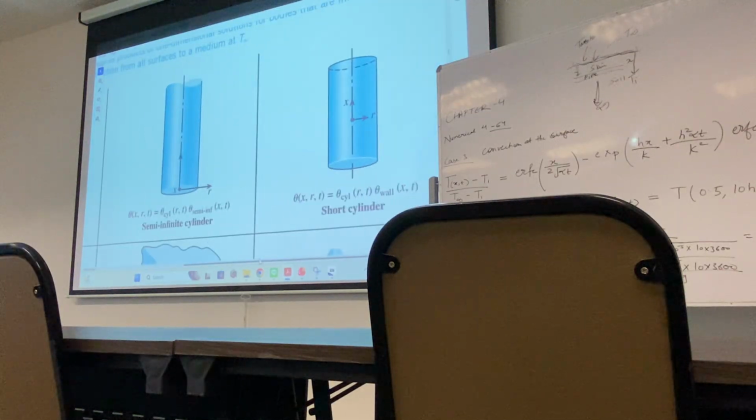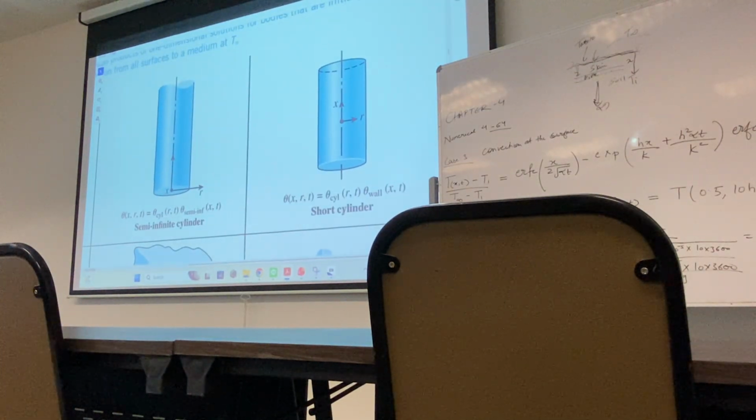Okay, then you have short cylinder. Short cylinder, it's not infinite, right? So short cylinder, you can study like I just explained. Short cylinder is a mixture of a wall and a cylinder. So in the wall you take the X coordinate, in the cylinder you take the R coordinate, and just multiply them.